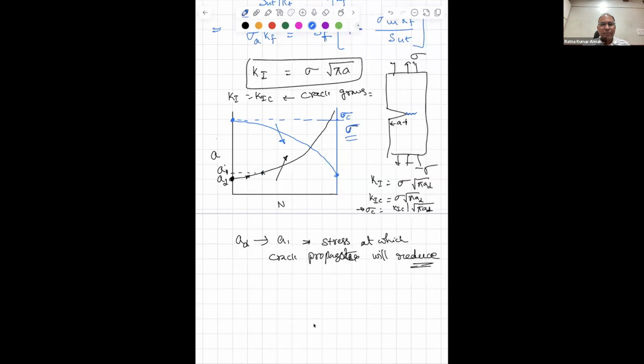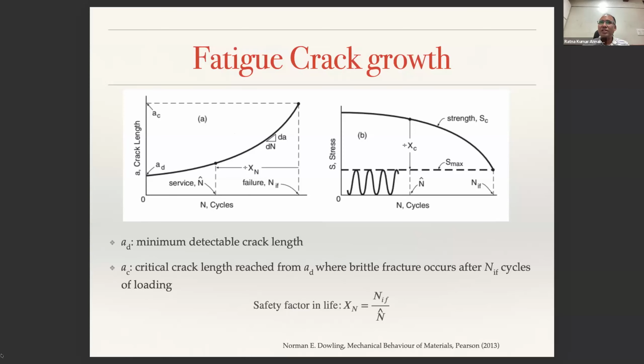That is the point that I am trying to drive, and that is precisely what this figure is all about. So for some detectable crack length in the material, you have some residual strength, and the strength keeps reducing as your crack length keeps increasing.